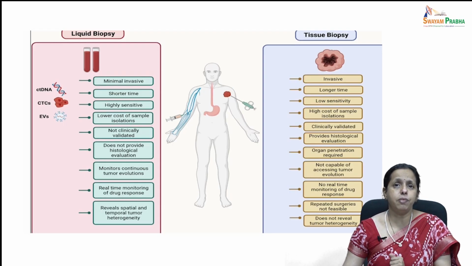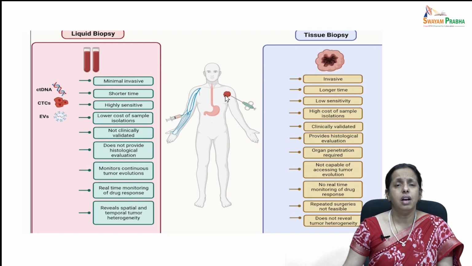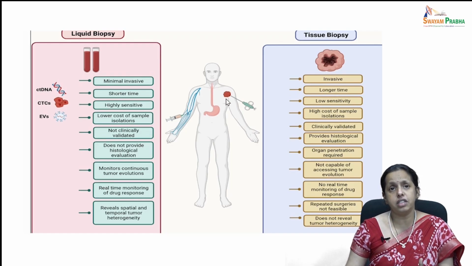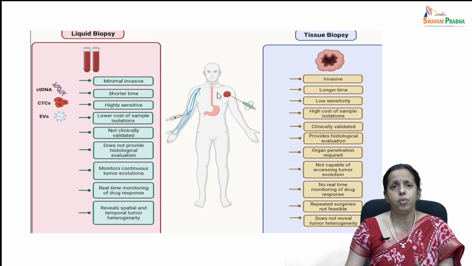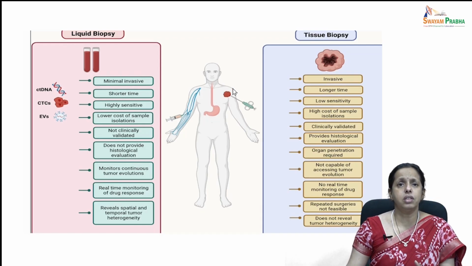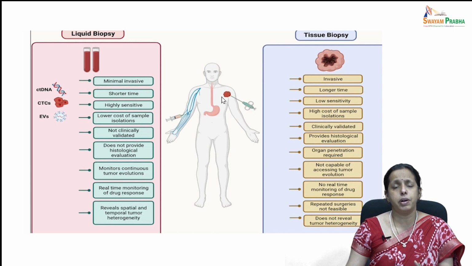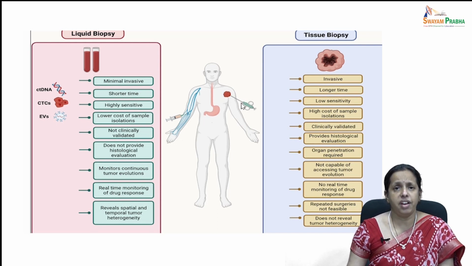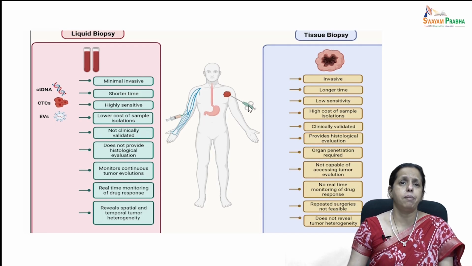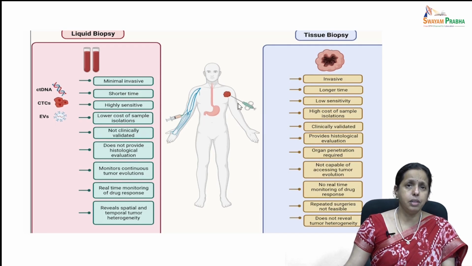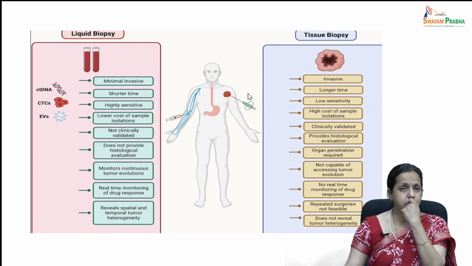Traditionally, conventionally, the preferred sample is the tumor biopsy, for example from the lymph node. They do an FFPE, formalin-fixed paraffin-embedded sample, which can be stored at room temperature for a long time.